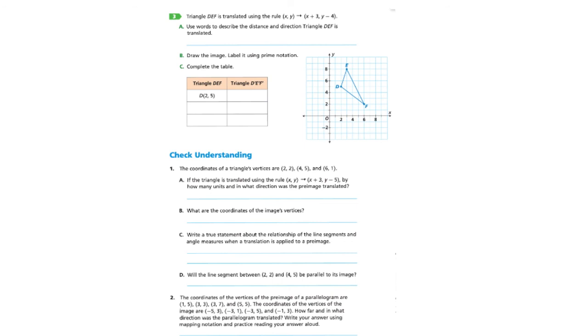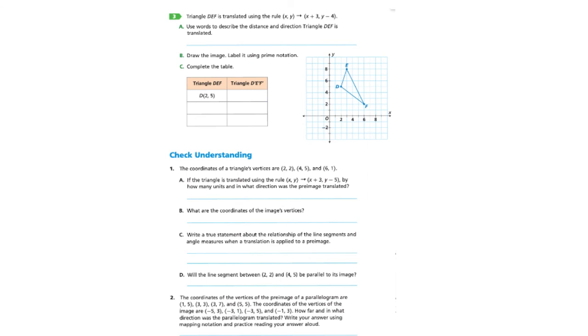What do you do first horizontally, and then what's happening vertically? So with the x coordinate, you're adding 3, so that's going to be moving it to the right in the positive direction. The y coordinate, you're subtracting 4, so that's going to be moving it down in the negative direction. So use your own words to describe how that's changing, how it's being translated.